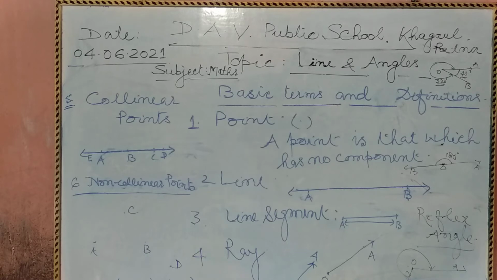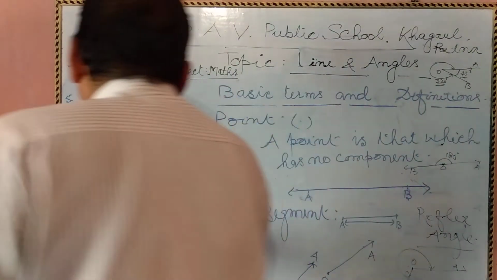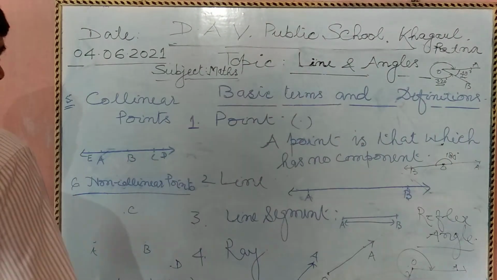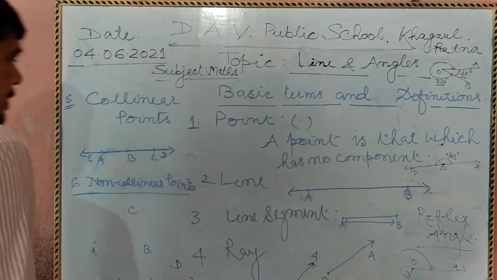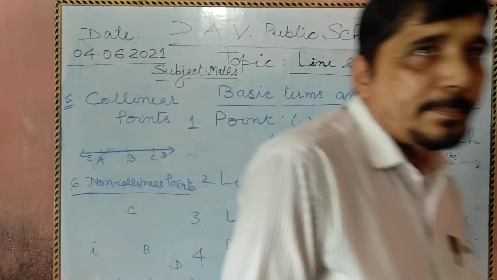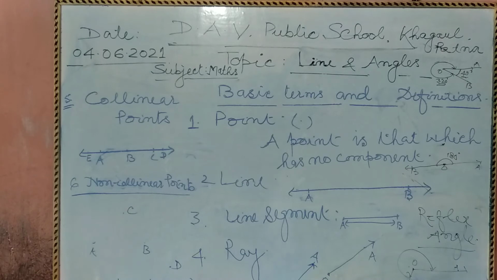In the figure here, A, B, C, D and E are collinear points because all these points lie on the same straight line. So, collinear points are those points which lie on the same straight line. You can say 3 or more than 3 points lie on the same straight line, then these points are said to be collinear points.